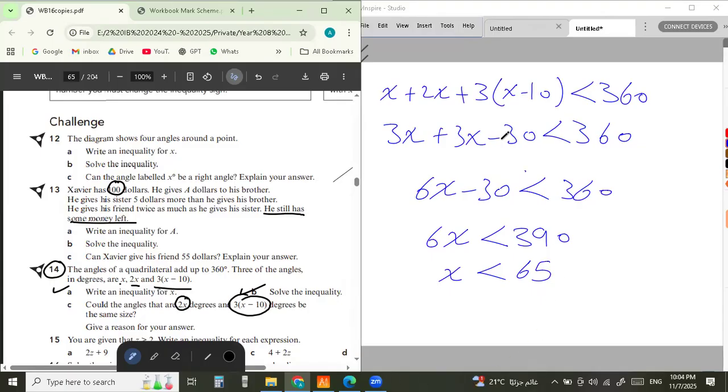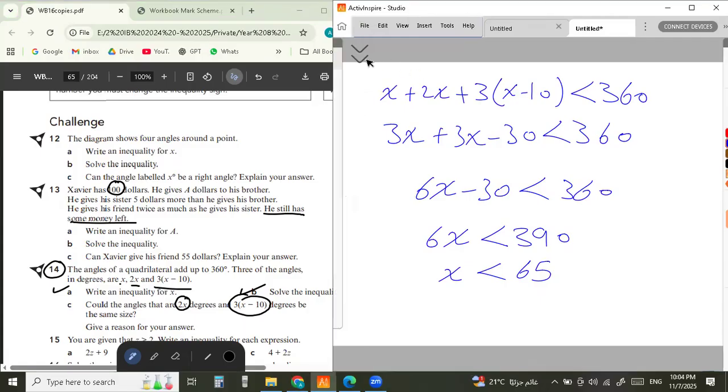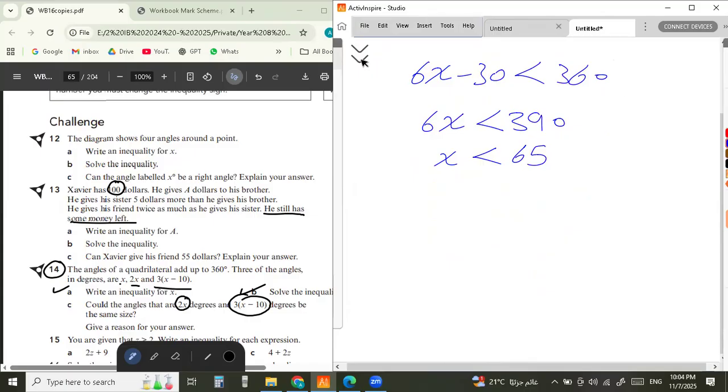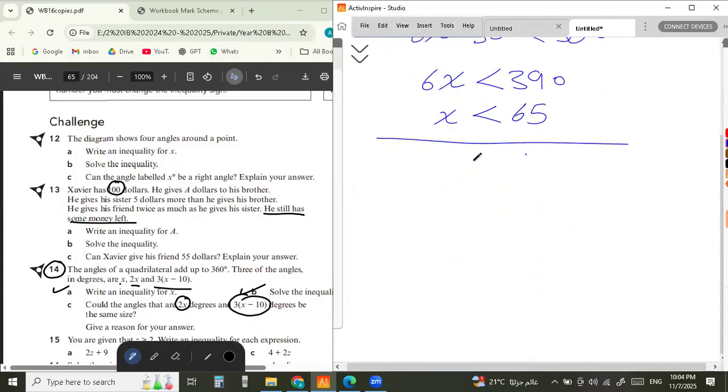Well, I need to try it and see if x will be less than 65 or not. Can 2x be equal, or can it be the same as 3x minus 10? Can this happen?